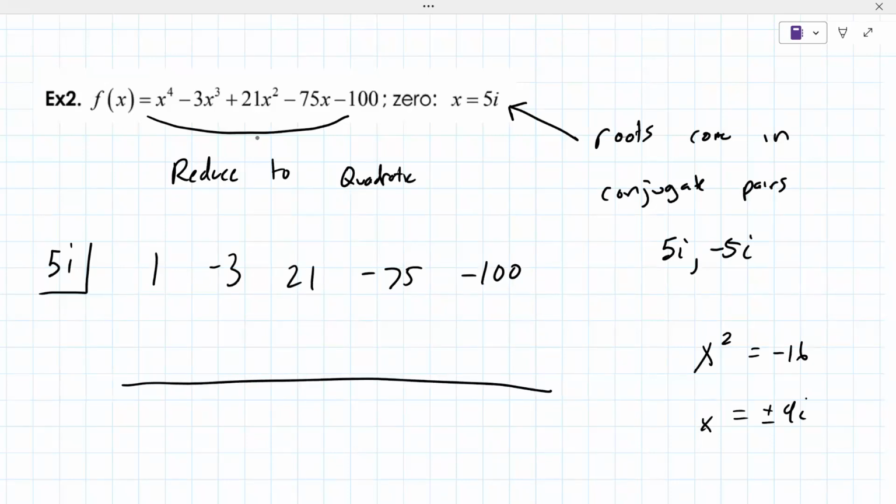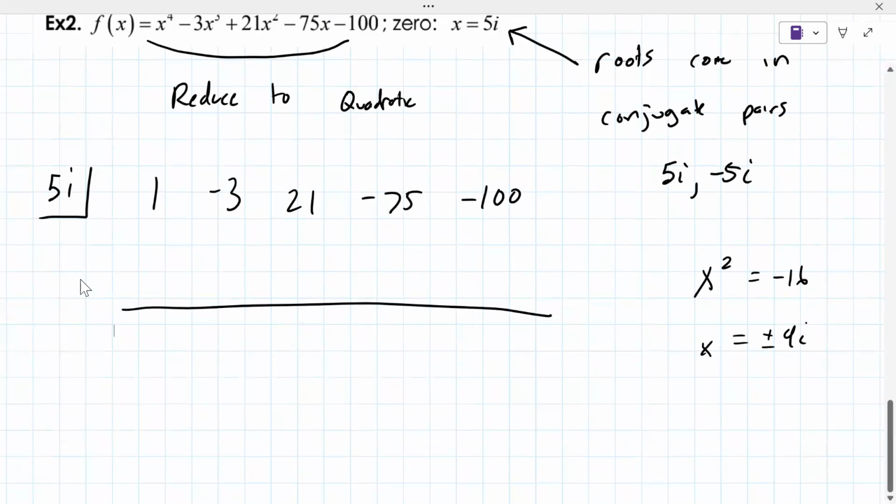And this looks really, really odd at first glance. You're like, why? I've never seen this before. Yeah, it's weird, but you just follow the same procedure. You bring that down, you multiply by 5i. Now you cannot combine these, which is where this gets a little bit wonky. So you write it as -3 plus 5i. I think we did something like this in class for the previous lesson.